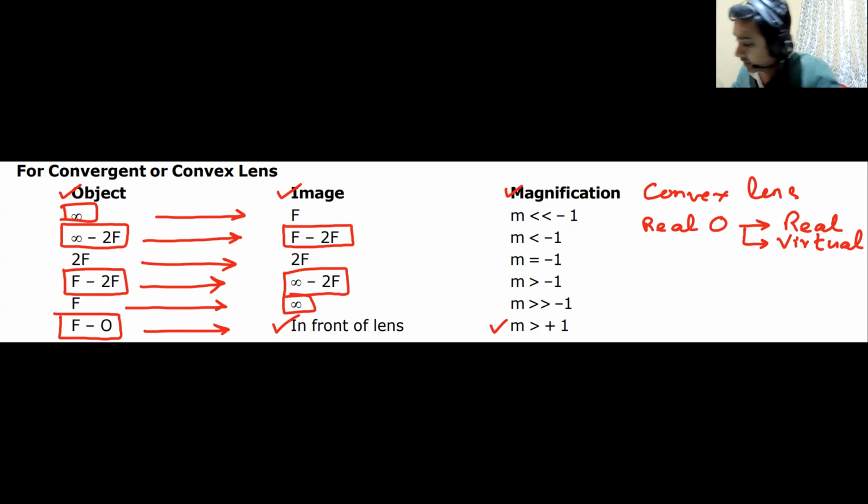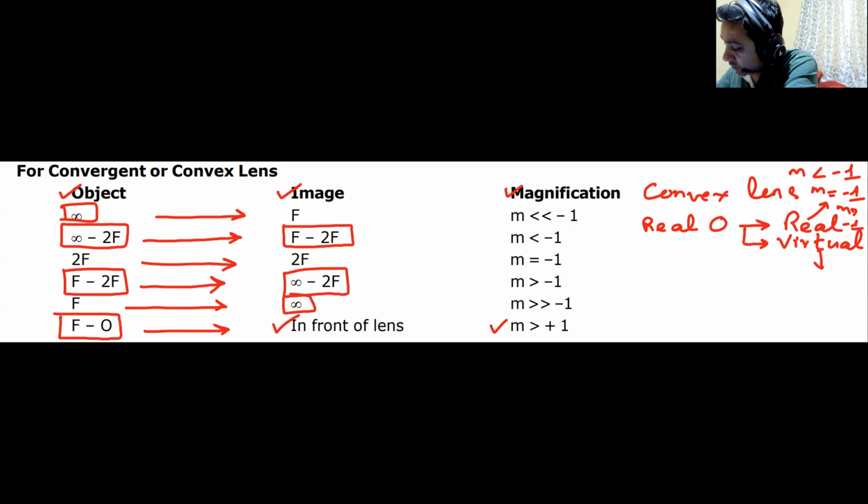If the image is real, magnification can be less than -1. It can be equal to -1. It can be greater than -1 as well. Do we understand this? Yes, sir.